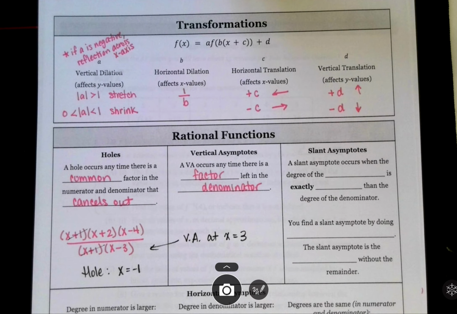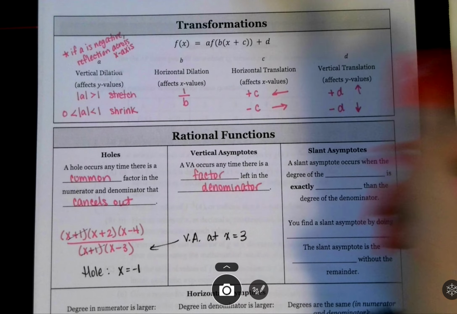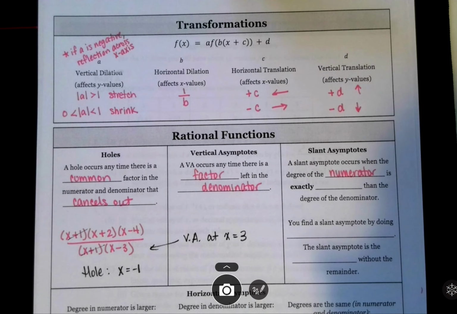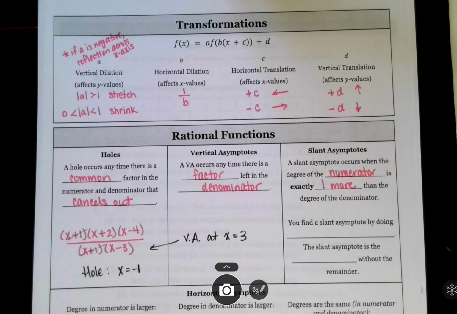Our slant asymptotes occur when the degree in the numerator is exactly one more than the degree in the denominator. So if the degree in my numerator is 5 and the degree in my denominator is 4, then I have a slant asymptote.